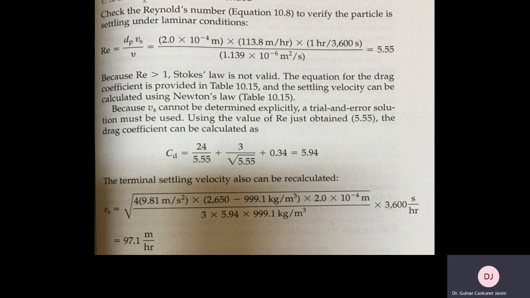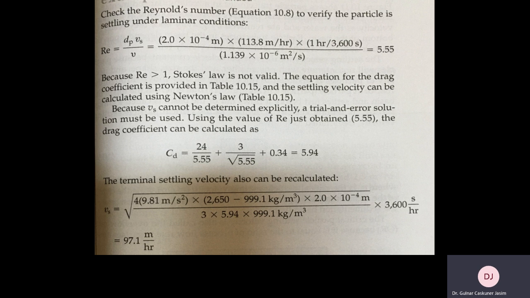Because the Reynolds number has been found to be more than 1, which is 5.55, that means Stokes' law is not valid. That's why we need to calculate the settling velocity by using Newton's law.